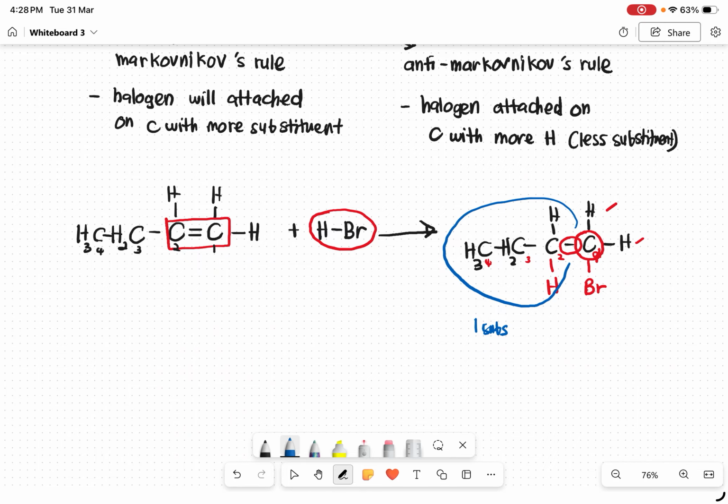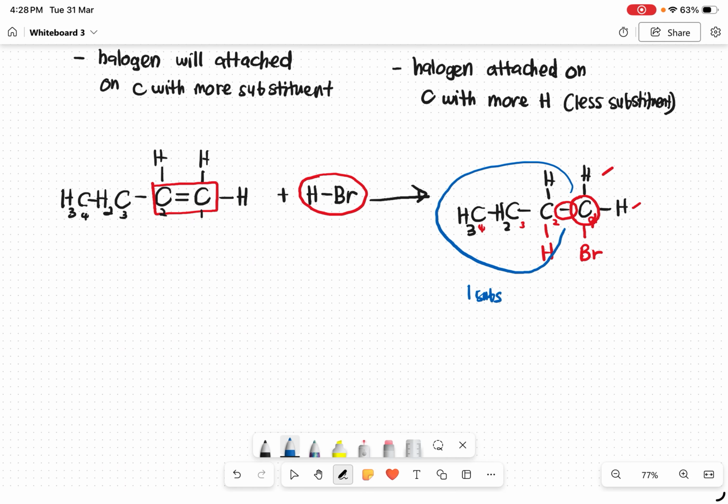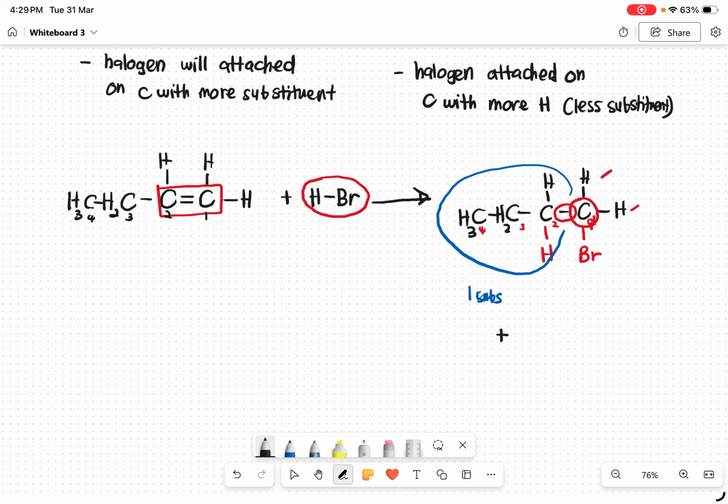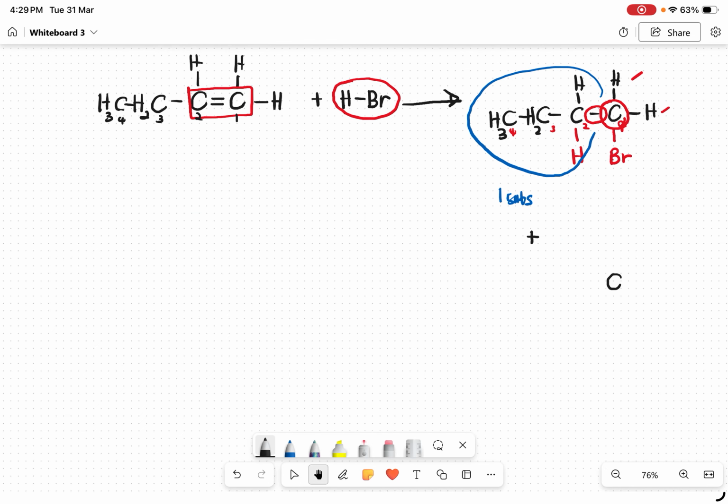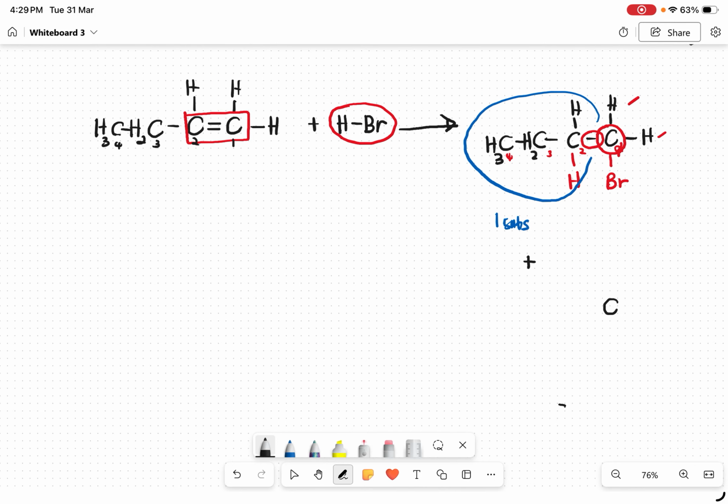Now we look at another product, plus. Again we draw the starting material. You have to do it step by step. In the starting material we have 4 carbons, right? So we draw again the 4 carbons: 1, 2, 3, 4. CH3, this is CH2, and originally it is like this, but no more double bond.